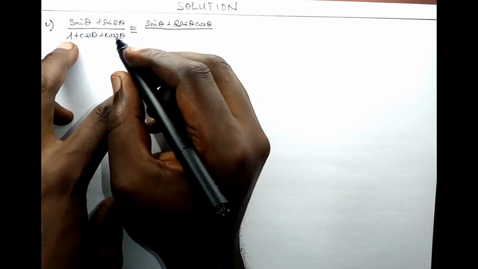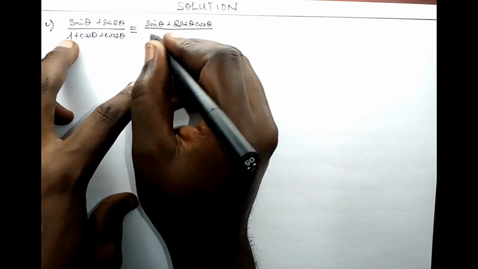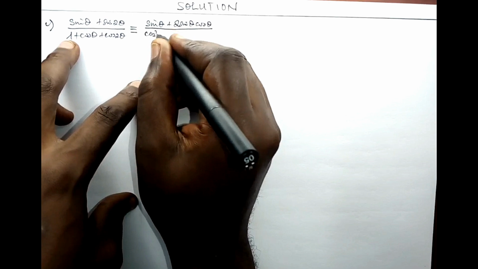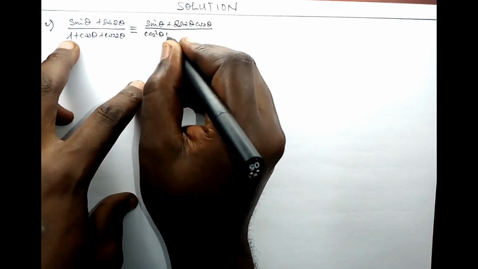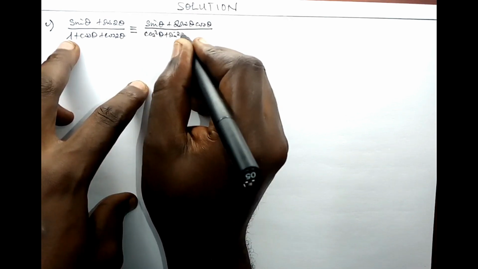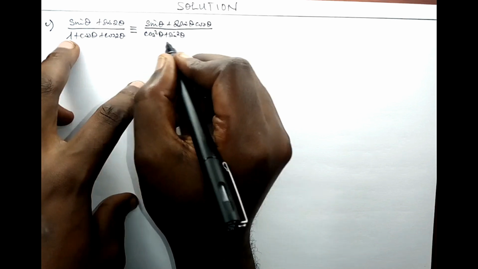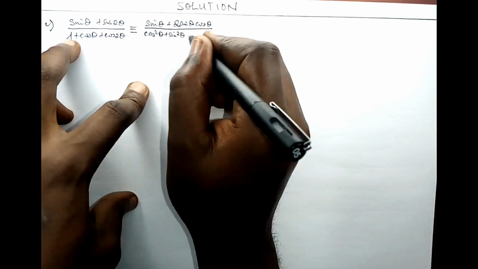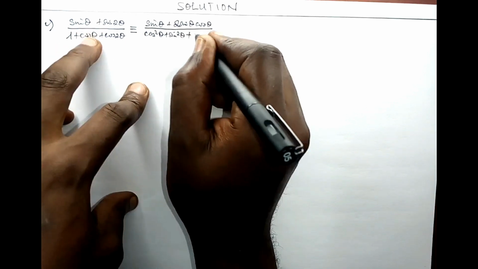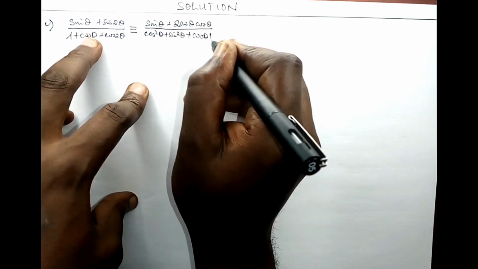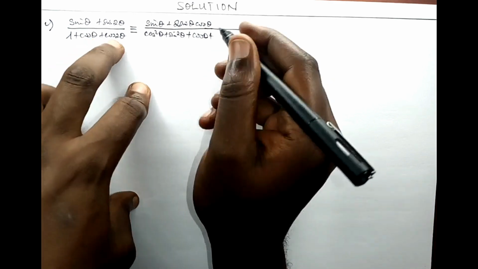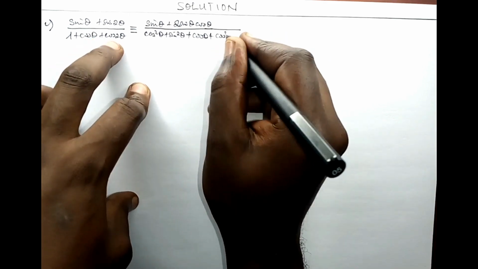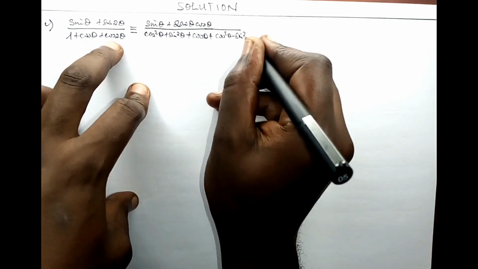In such cases, you have to replace 1 with cos squared theta plus sine squared theta. That is one of the Pythagorean identities. So cos squared theta plus sine squared theta is always 1. Then I bring in my cos theta, and then the identity for cos 2 theta, which is cos squared theta minus sine squared theta.